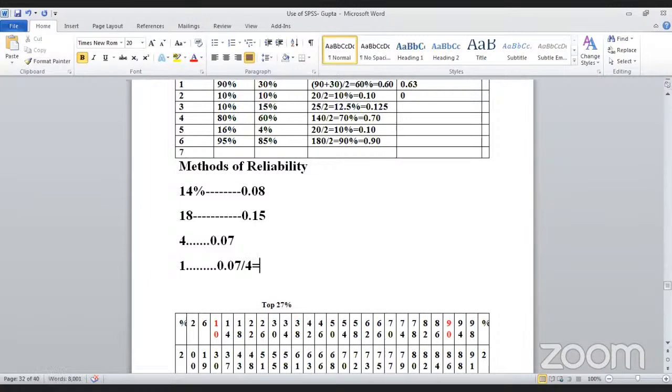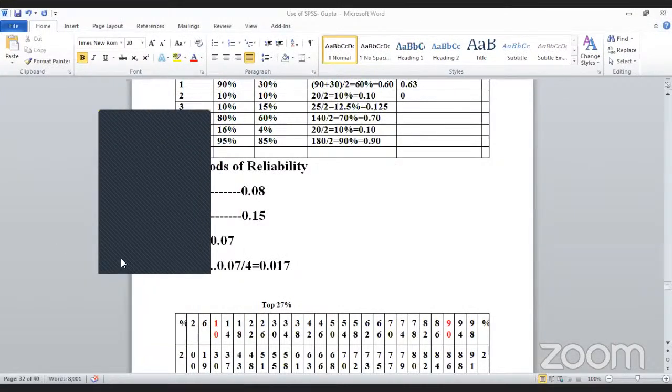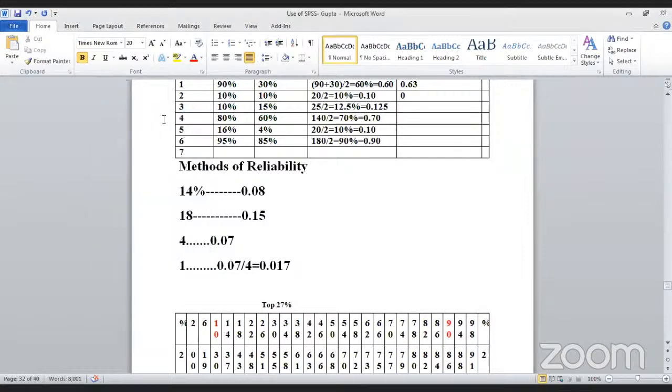When you divide 0.07 by 4, the answer is 0.0175. So I can say 0.0175 if you want.